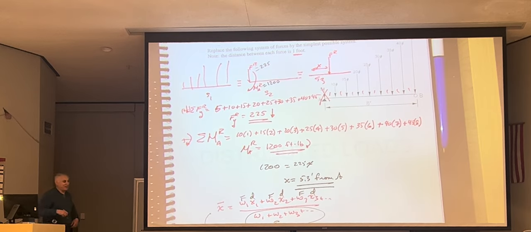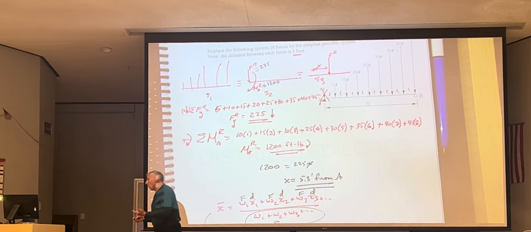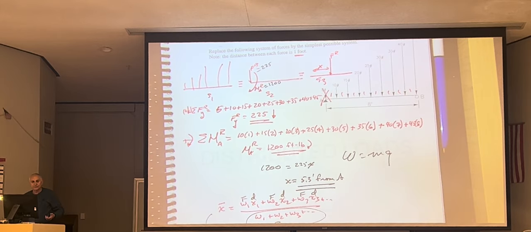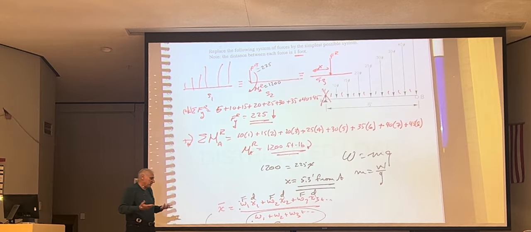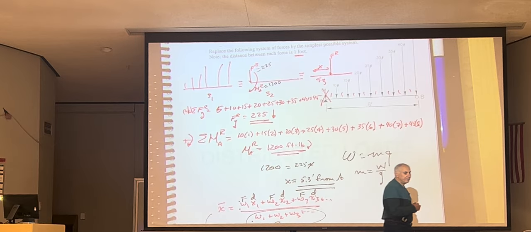Now, you might not have seen it as W, you might have seen it as M for mass, but we know W is equal to mg. So mass is equal to W divided by g. Well, if I put W divided by g and W divided by g, the g's are going to cancel. So whether you use mass or weight, this doesn't matter, because g's will cancel out.